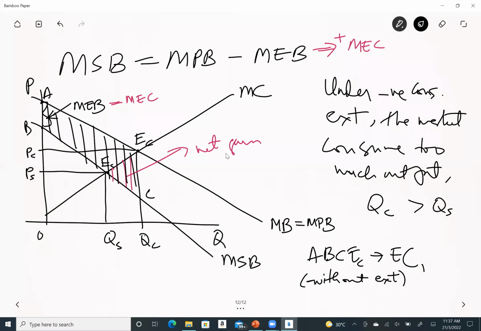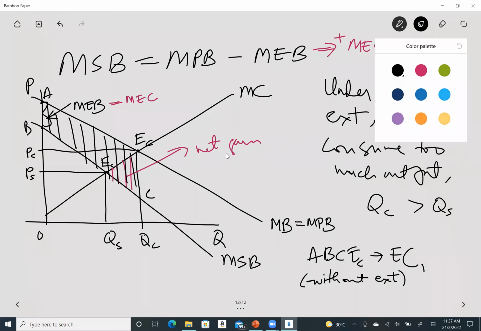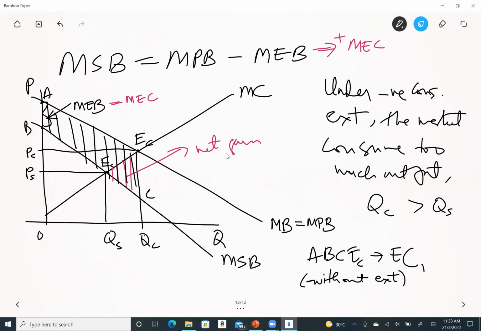Okay. So now, when we consider the negative externality, what is the total external cost? The total external cost would be this area here, the area that I put in blue. Okay.